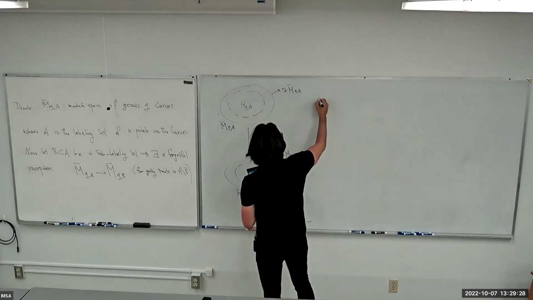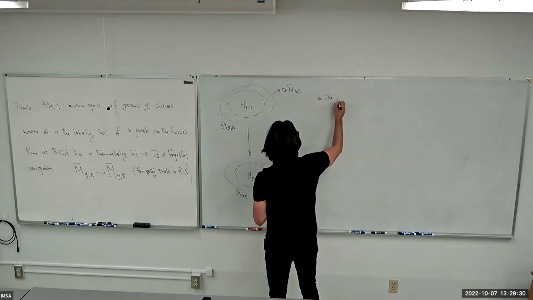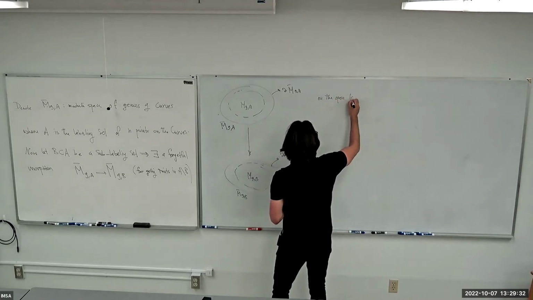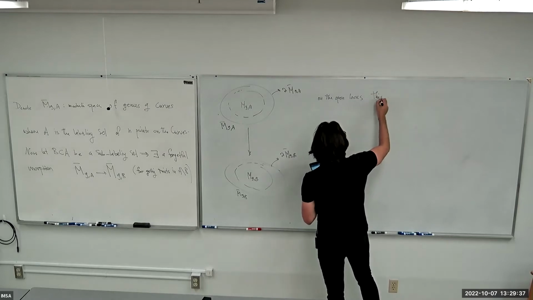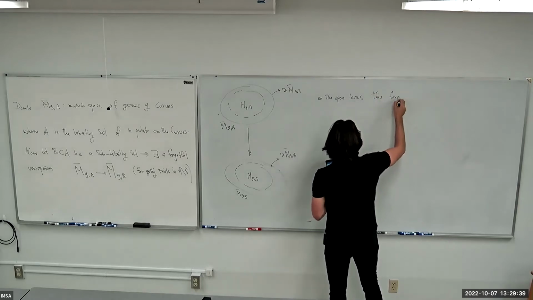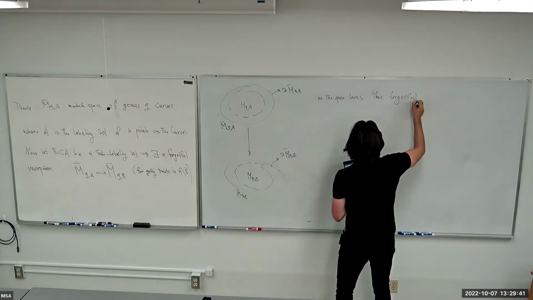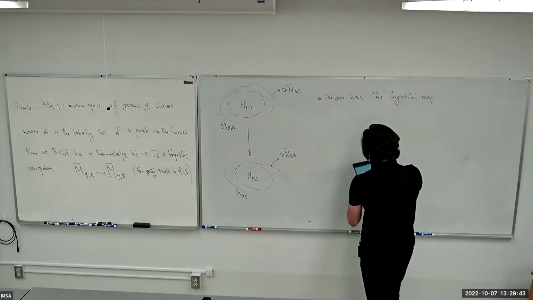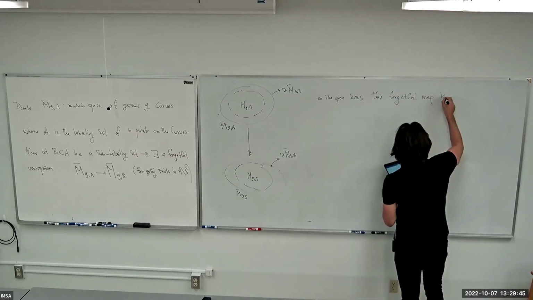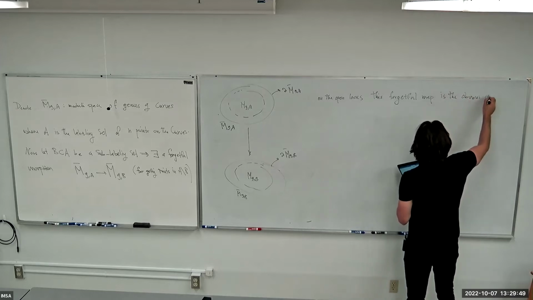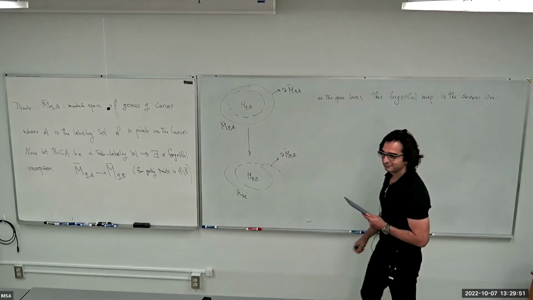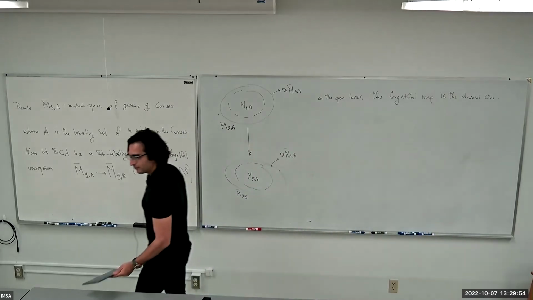Okay, on the open locus, this forgetful map is the obvious one. Right? Why?